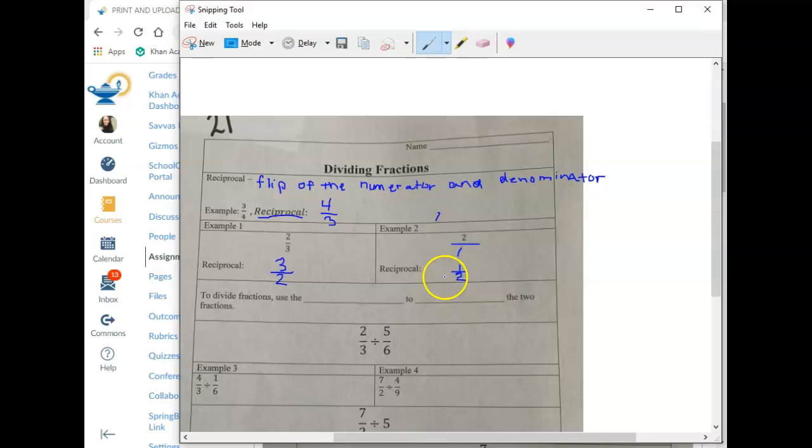Okay. Now, let's talk about how we divide fractions, because Takal came in and said, we were multiplying and you switched it up. Now we're dividing. So what do we do with this? To divide fractions, use the reciprocal.